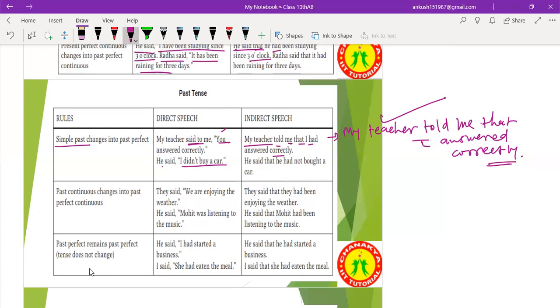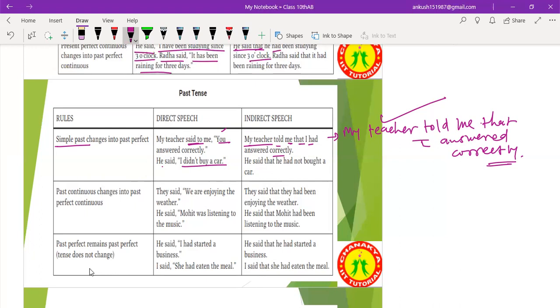It means one rule you have to set here. Whenever the tense within inverted commas is given in past, meaning simple past tense, it can be changed into past perfect tense or simple past tense as it is. Got it? Only the pronouns would be changed.